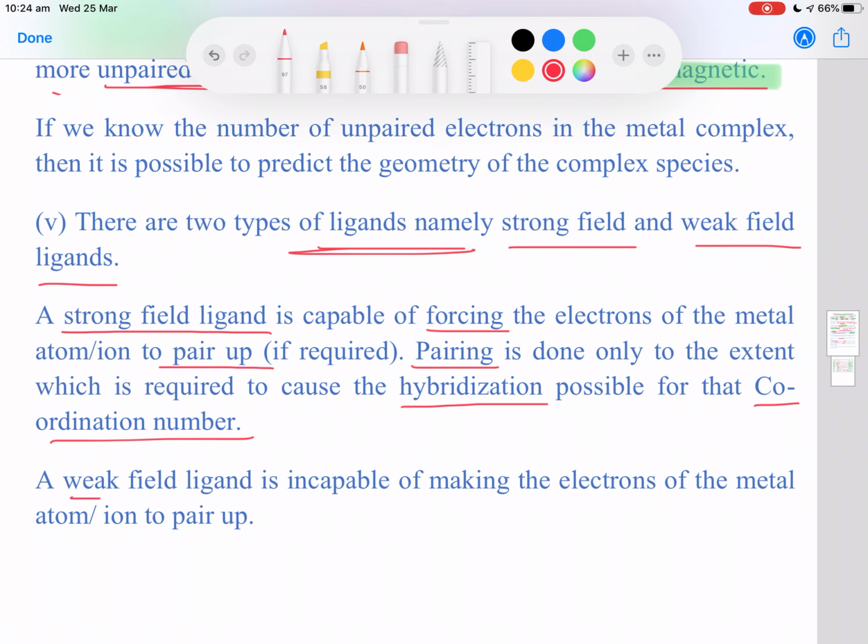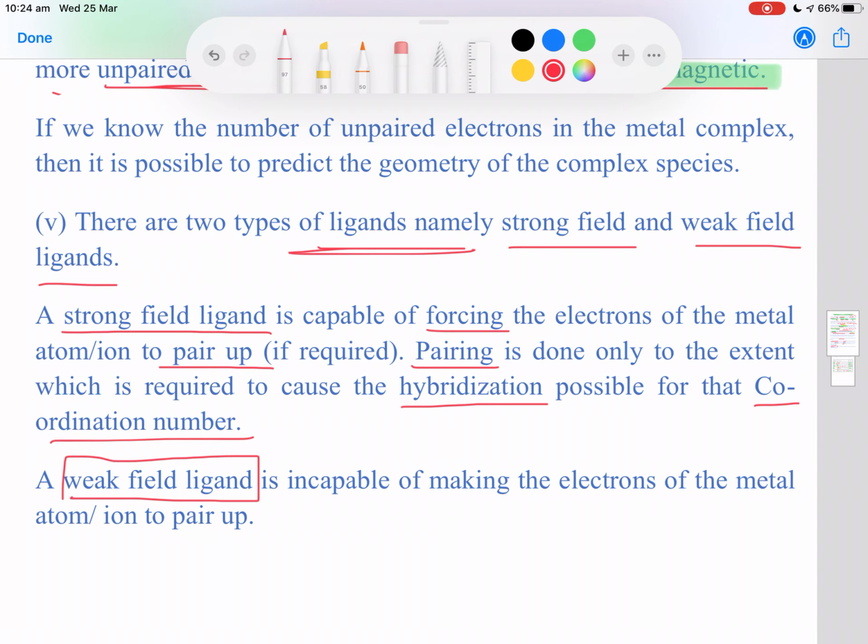Now weak field ligands are just the opposite of strong field. Strong field ligands are so powerful that they force the electrons to pair up in the d orbital, whether it's the penultimate d orbital or the outer d orbital. But weak field ligands are feeble, okay? They're so weak that they do not enforce pairing.